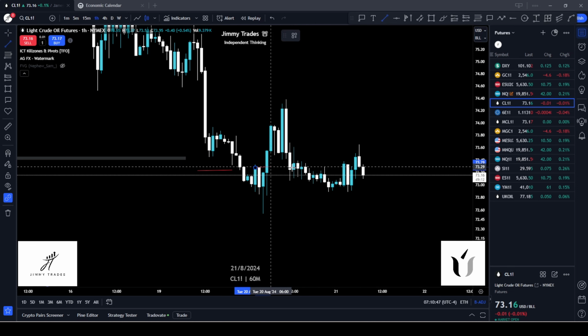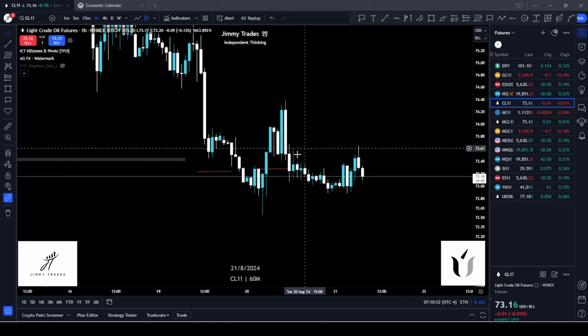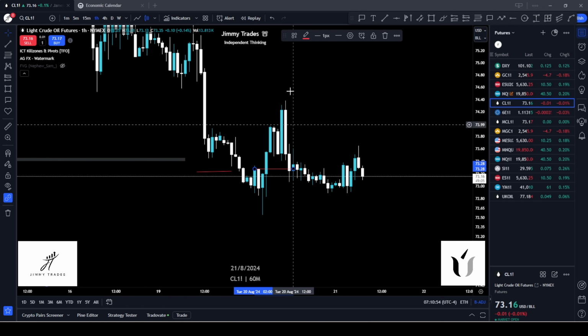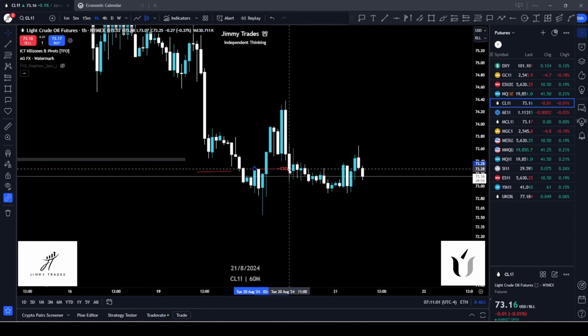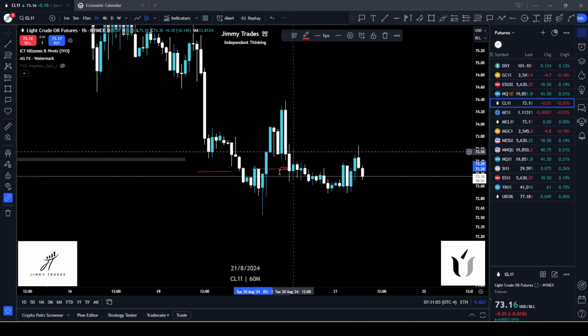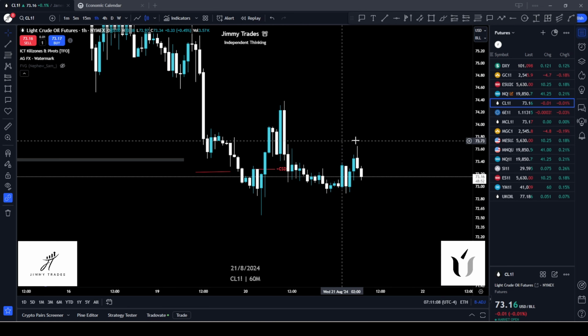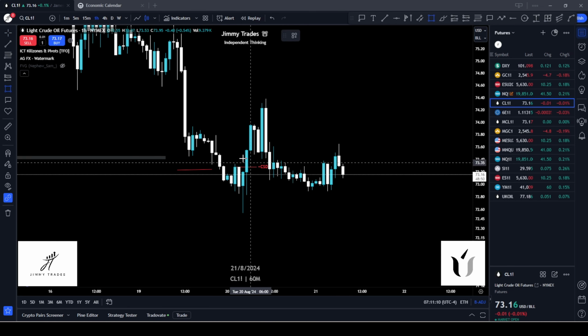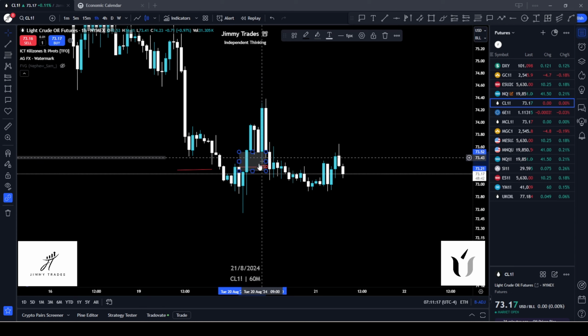Some might look at this as a change in the state of delivery, this level here. So that would be a bullish change in the state of delivery. So we're starting to build some logic and narrative around why we might look to take a long position. As we came into New York Open, price came down into our hourly point of interest here, which was our bullish FVG on the hourly.